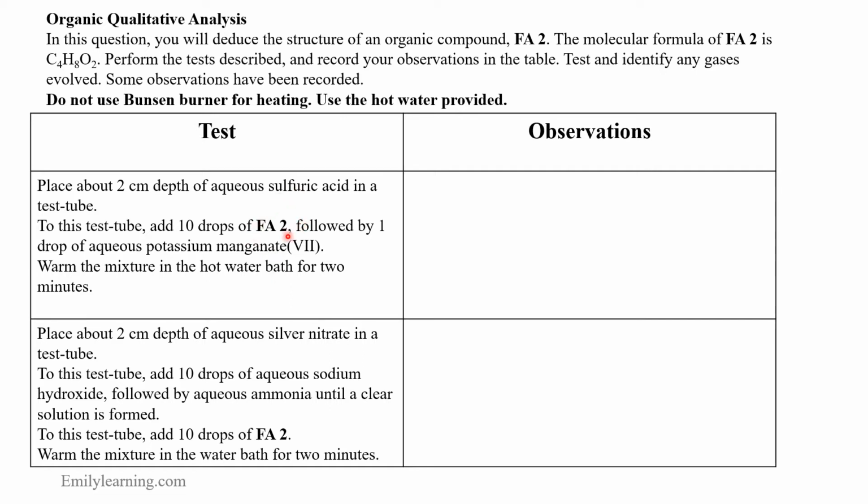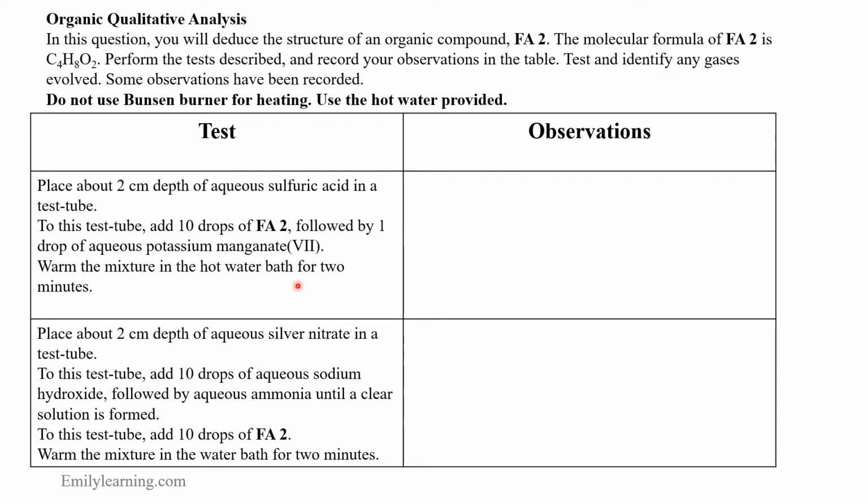So what compounds can be oxidized? Well, I know that there's oxygen here, so very likely primary and secondary alcohols can be oxidized. And also my carbonyls can also be oxidized with potassium manganate(VII).